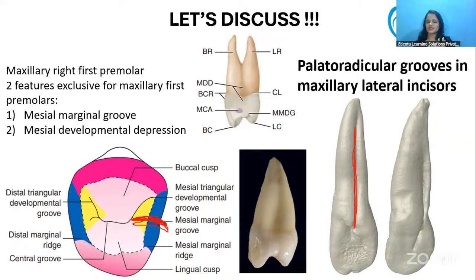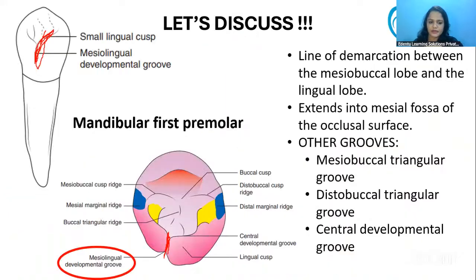So these three grooves are really important. The palatoradicular groove extends from the palatal aspect of the lateral incisor towards the root. Then there is the mesial marginal groove, which is usually seen in the maxillary first premolar, and the mesiolingual developmental groove that is seen in the mandibular first premolar.